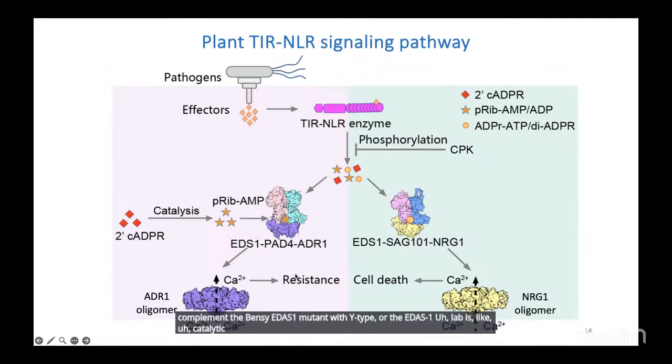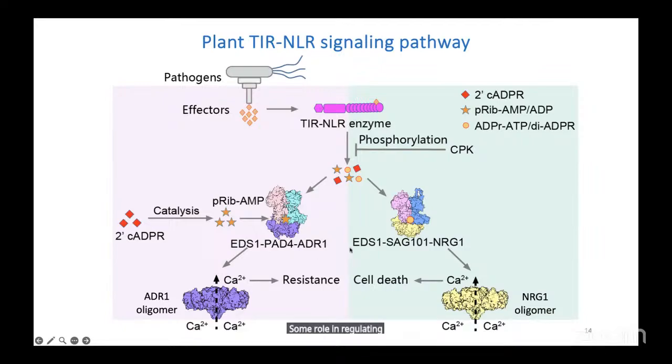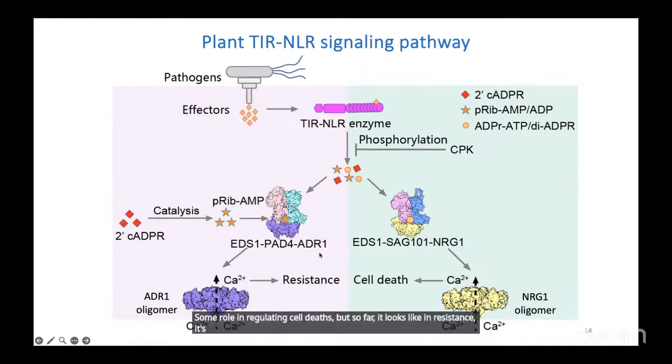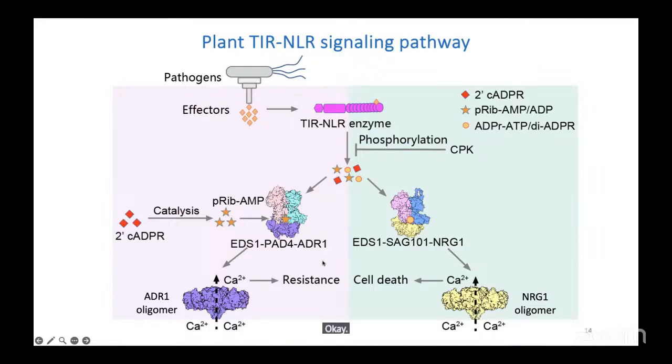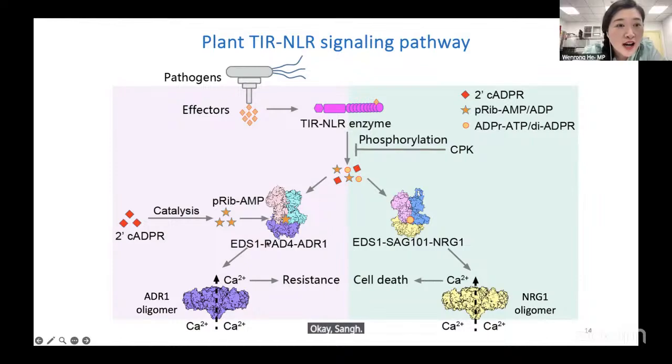We found the NbEDS1 catalytic dead mutant is weaker in cell death activity. So we think it might have some role in regulating cell death, but so far it looks like in resistance it is not really required. Okay, thank you.